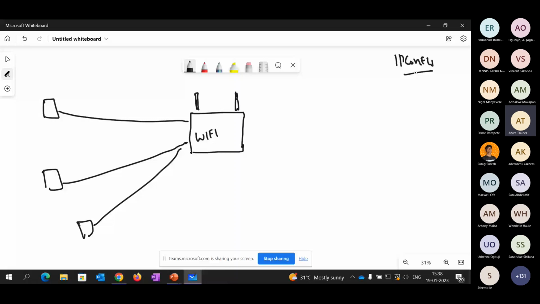Everyone has got one pattern. Either it is the 192 series, or the 168 series, or the 10 dot series.